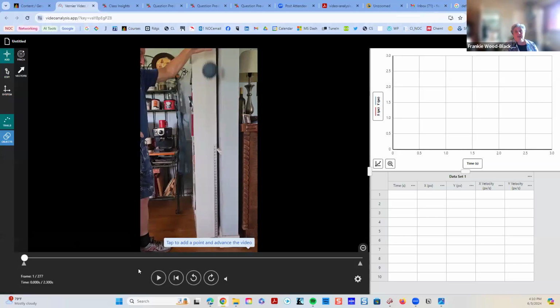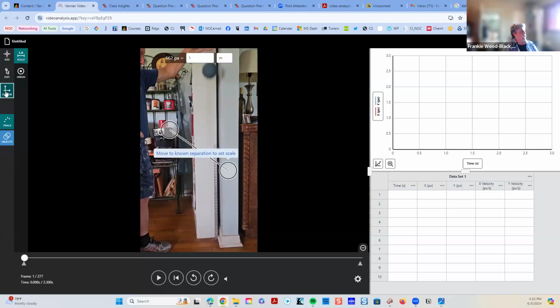I set up my video so that I had something that I could use as a measurement device, which I did. In this case, it happened to be a yardstick, not a meter stick. But if I do 36 inches times 2.54 centimeters per inch, divide by 100, a yardstick is exactly 0.9144 meters.